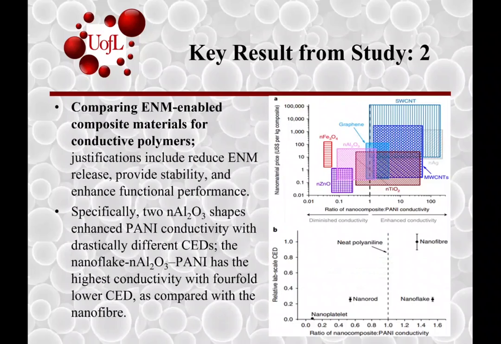Alright, so the key result from study 2 was comparing E&M-enabled composite materials for conductive polymers. Justifications for this included reducing E&M release, providing stability, and enhancing functional performance. Specifically, size, shape, and surface chemistry are all properties that can be partially or fully controlled through synthesis and post-fabrication approaches.